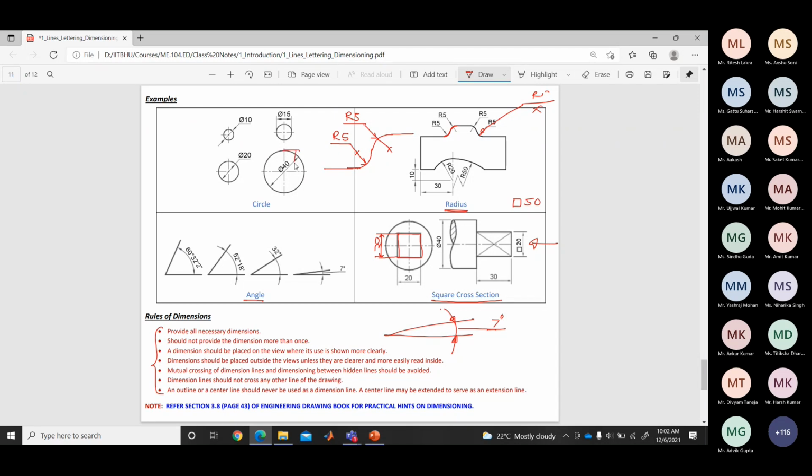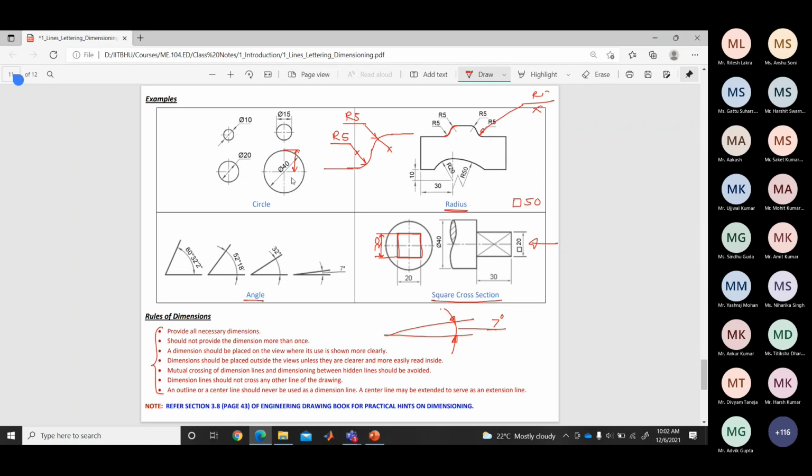So we cannot give the dimension like this. We cannot use the center line or outline as a dimension line.